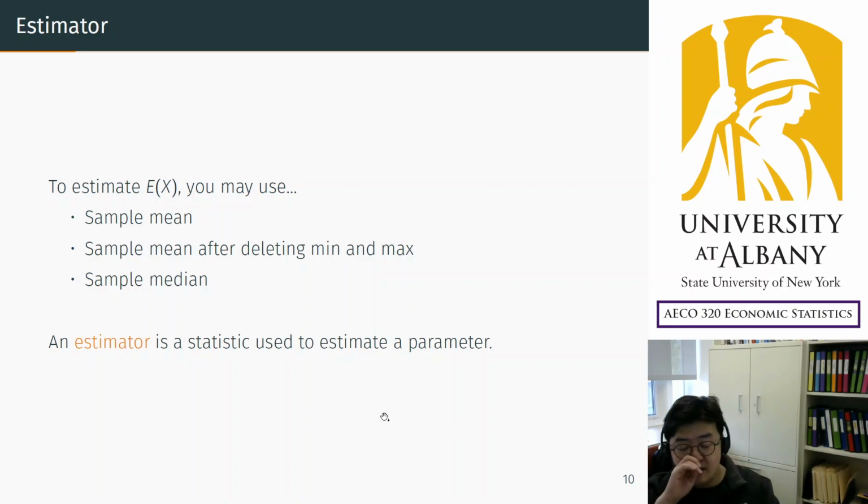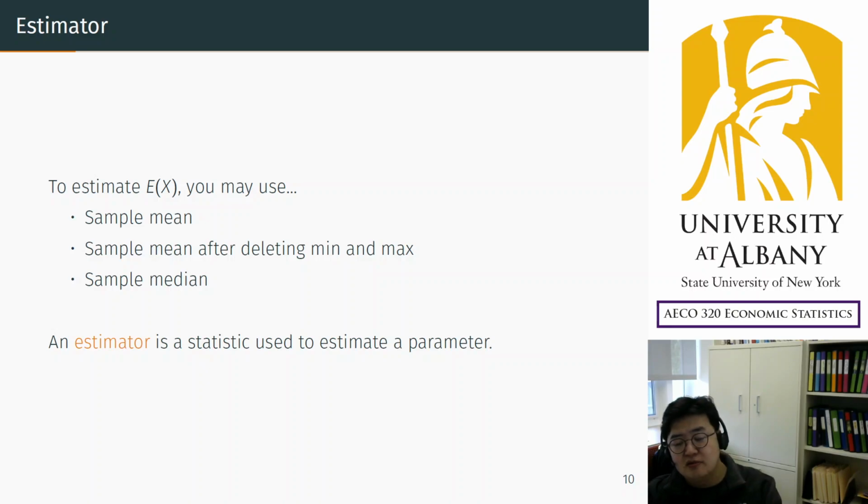So in this video, we are going to think about two problems. First, what can be and what cannot be an estimator. Something cannot be an estimator. Second, once you know what can be an estimator, that means there are different candidates of estimators.